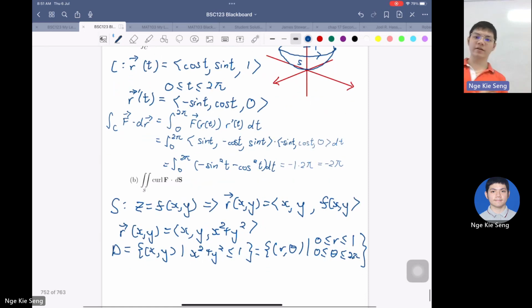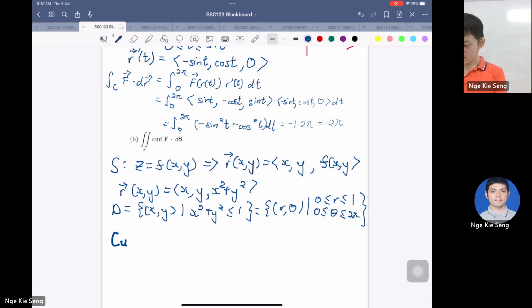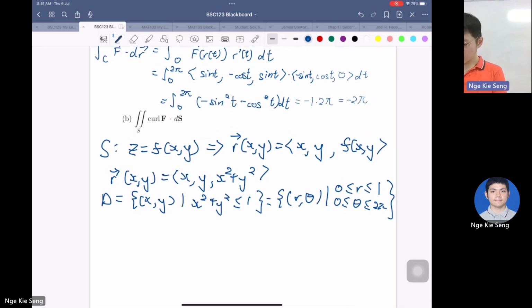We need to do our integral. But before doing the integral, we need to know what is curl F, right? Recall what is curl F? Curl F is the gradient operator cross product with the vector field.